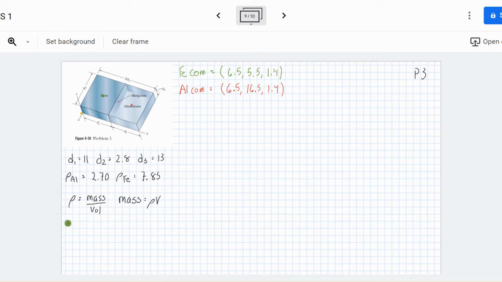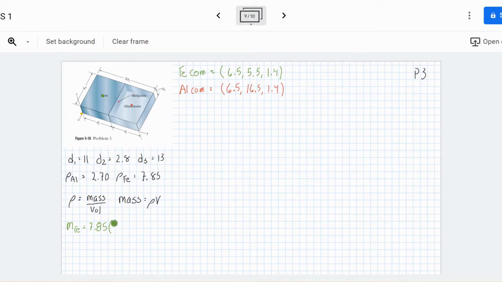So if I want to get the total mass of the iron, I'm going to take the density of iron and calculate the volume. Well, let's look at this half of the slab here. The volume is length times width times height.